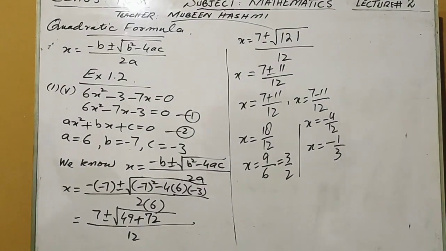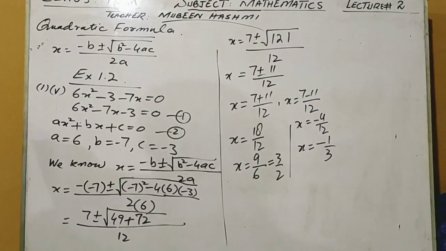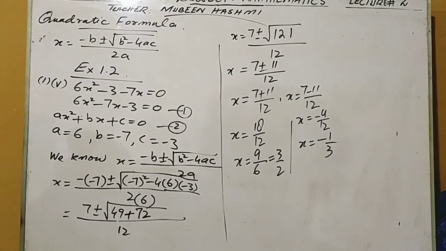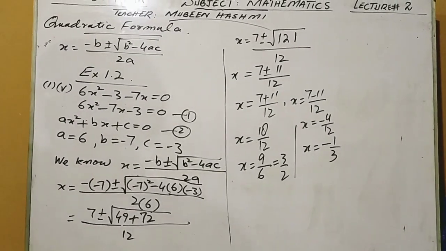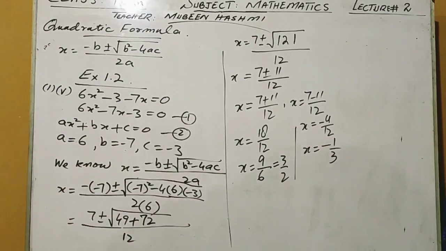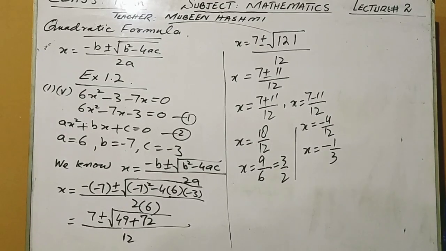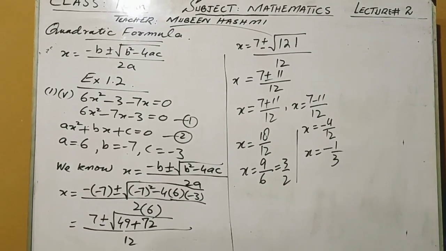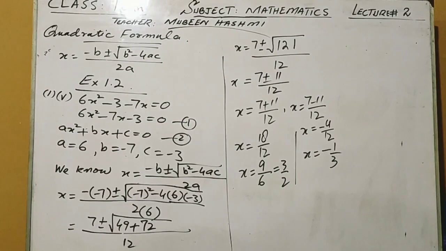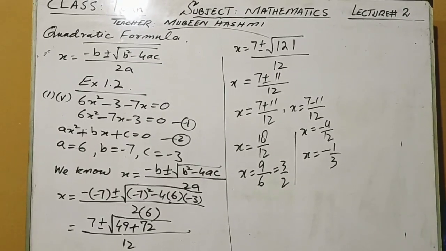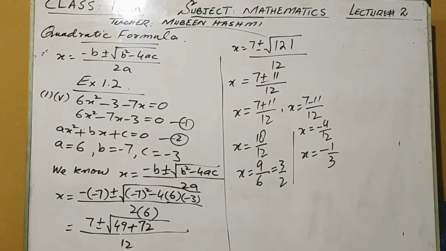You have found the different values of x. One is 3 upon 2, and you can check whether your values are correct or not. In the fifth part, one value is minus 1 upon 3, and the second value is 3 upon 2.